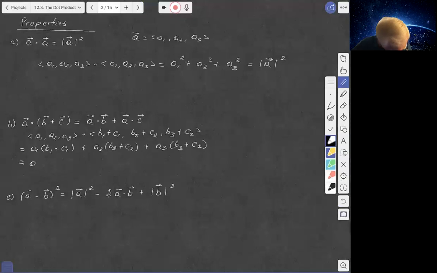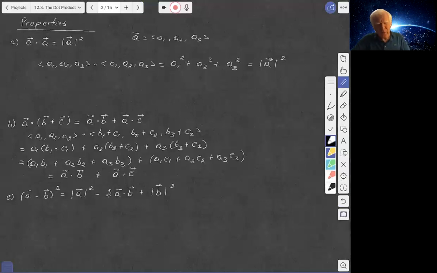So we get A1 B1 plus A2 B2 plus A3 B3, and then A1 C1 plus A2 C2 plus A3 C3. The first set of parentheses is just A dot B, and the second set gives us A dot C. That proves the property that we have.